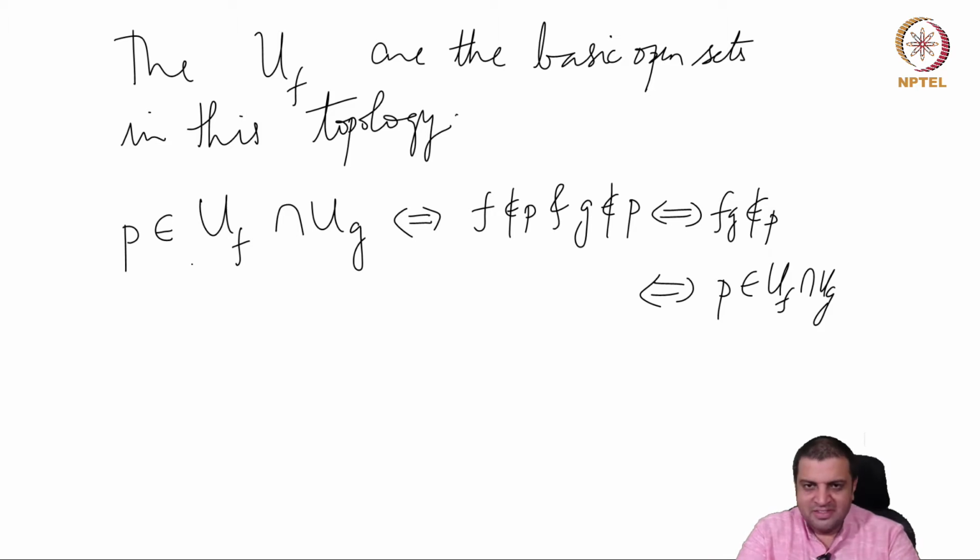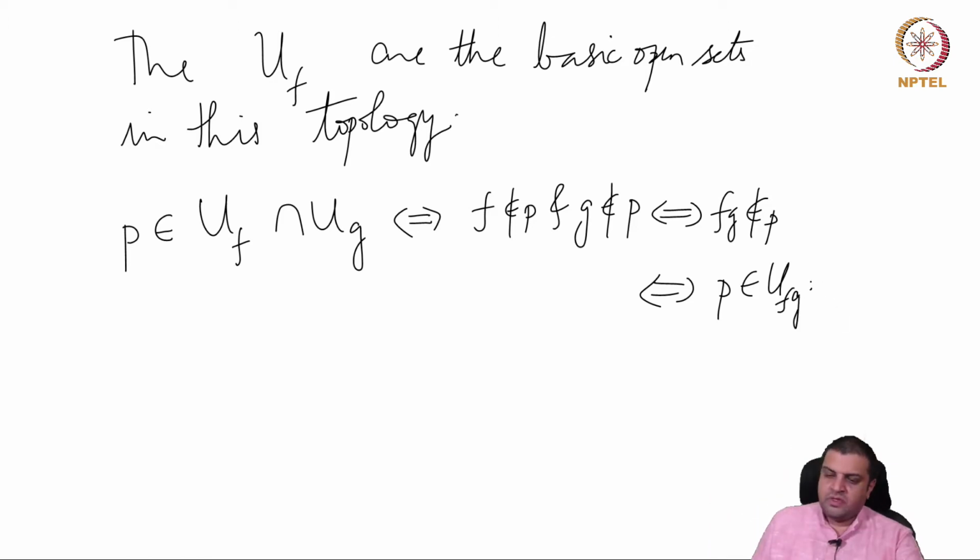But this is the same thing as UFG. So the intersection of two basic open sets is itself a basic open set, so it satisfies the requirements for a collection of basic open sets. This is the Zariski topology on Proj.